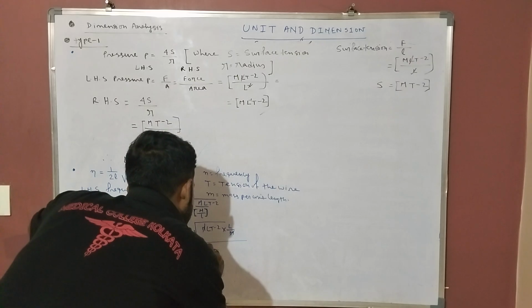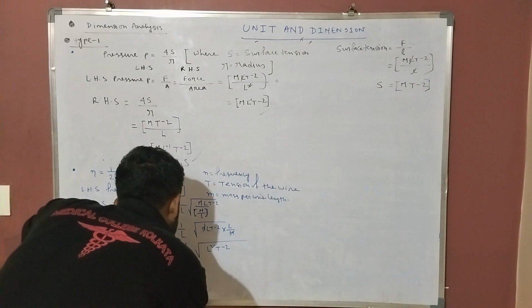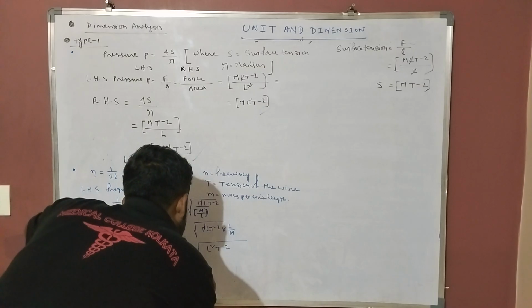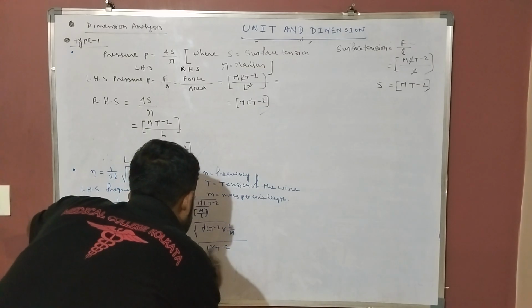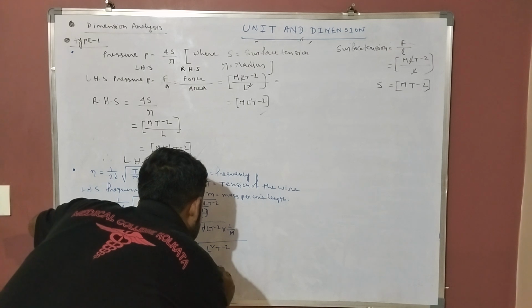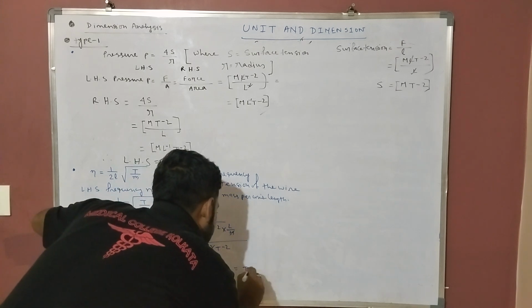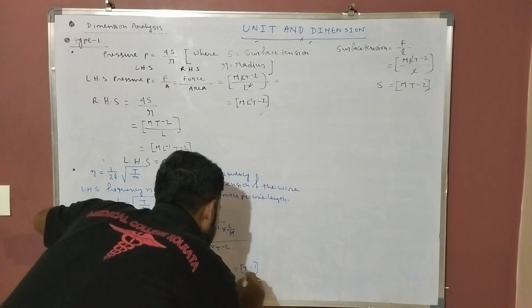Root over of L square T to the power minus 2. So this will be only L outside from the root, and T to the power minus 2 will be T to the power minus 1. L cancels. So T to the power minus 1.